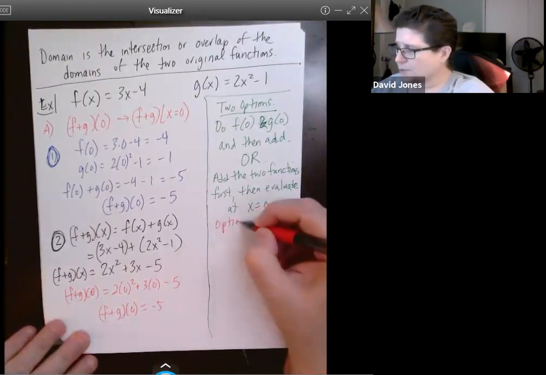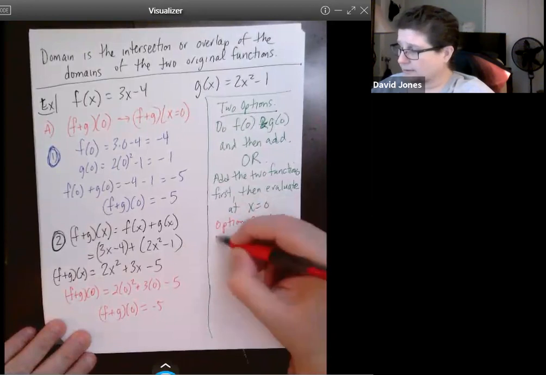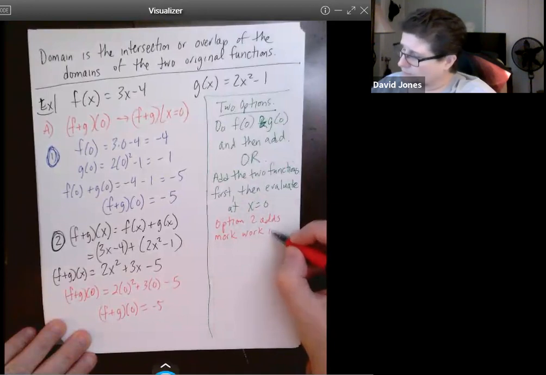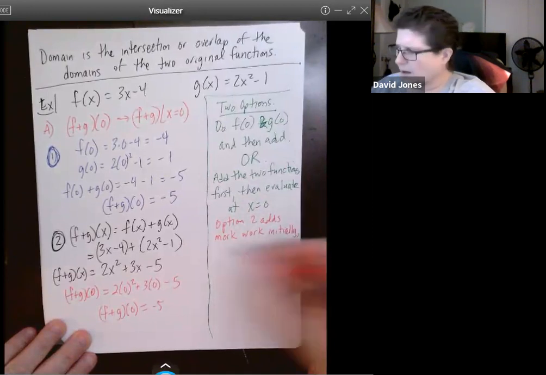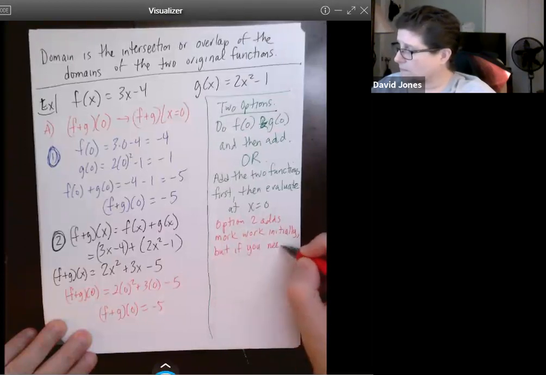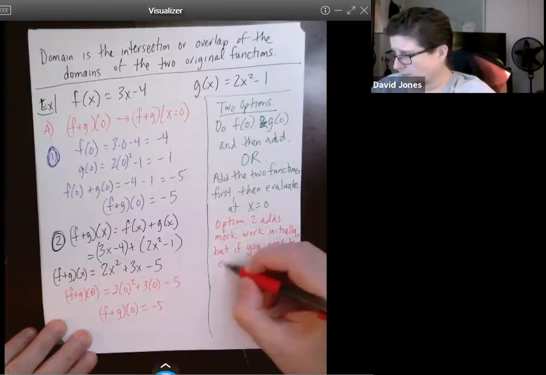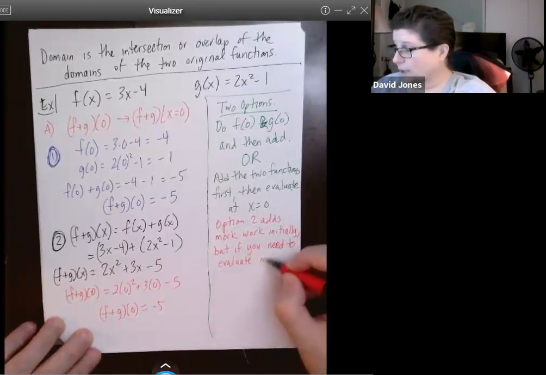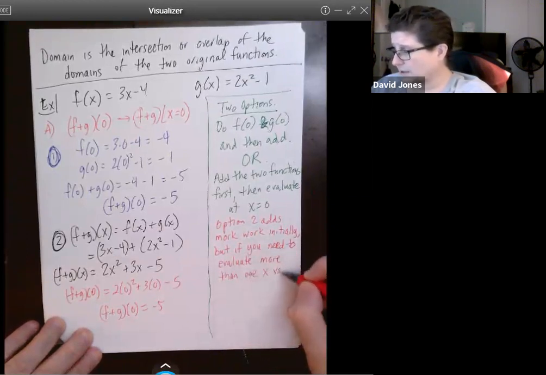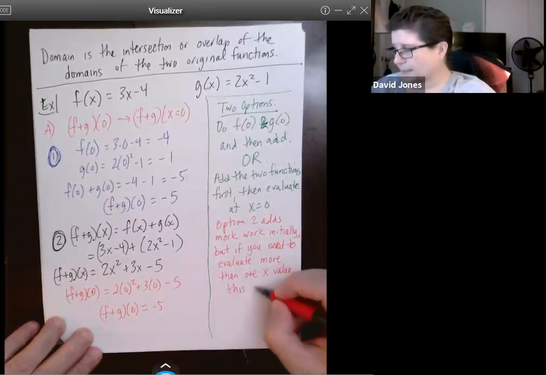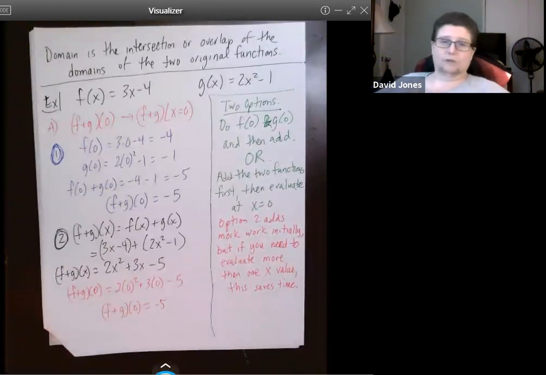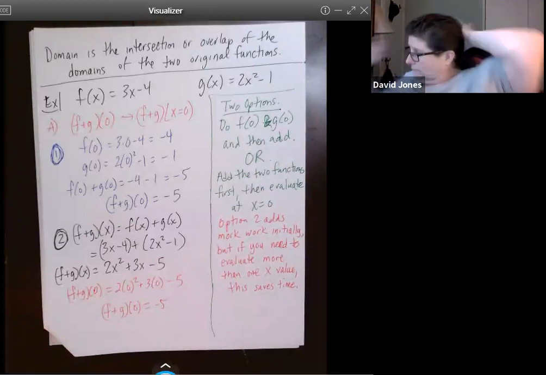Option 2 adds more work initially. But if you need to evaluate more than one x value, this saves time. So if you had to do a bunch of them, it will save you some time.